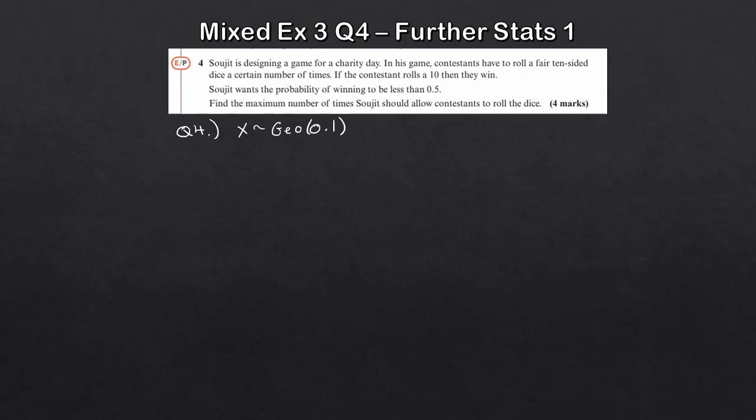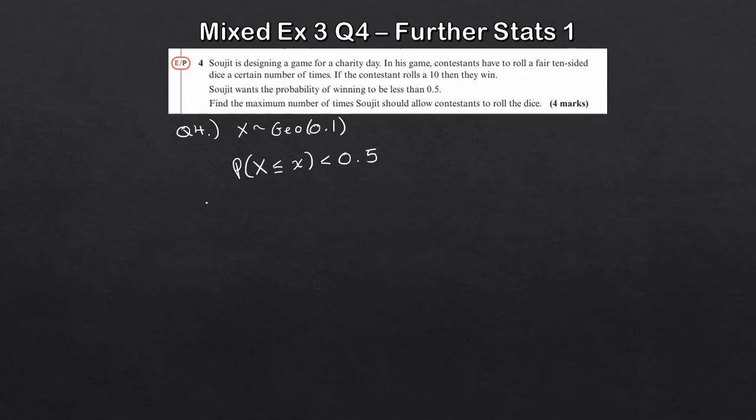Well, what we're looking for is that the probability, so we're looking for a certain number of times this dice is going to be rolled. So it's going to be x, my variable, being less than or equal to little x. That's the number of times before they win. And now we want this to be less than 0.5. Okay.